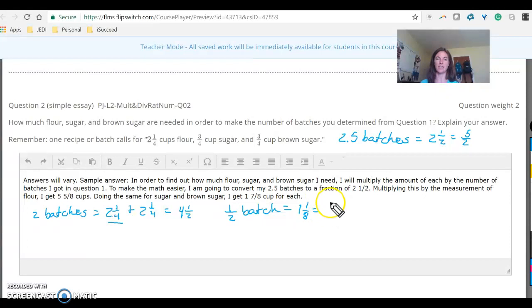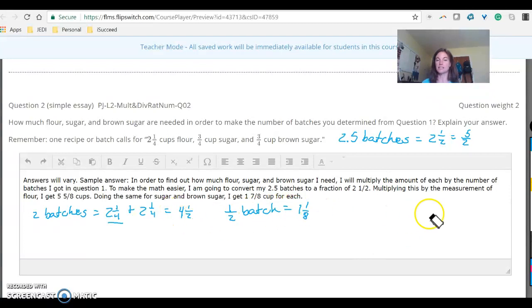Actually, no, it's not the same as 1 2/8. I'm sorry, I was trying to get my same denominators, and what I should have done is actually change the 4 1/2 to 4 4/8. Sorry about that. So now I've got a 1/2 batch and I've got 2 batches, and I need to now add these together.